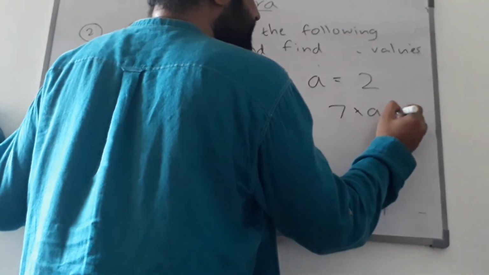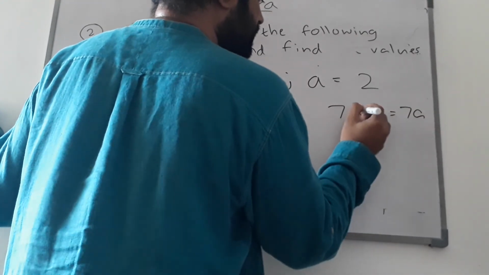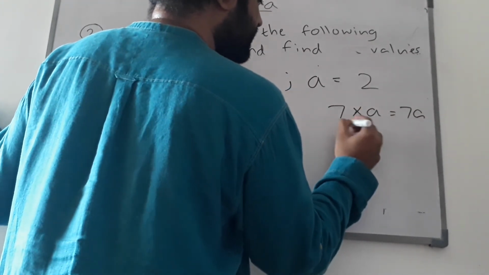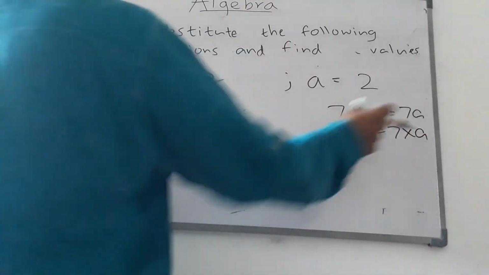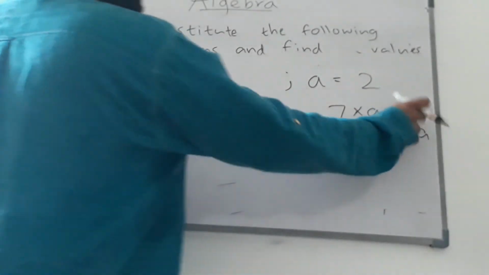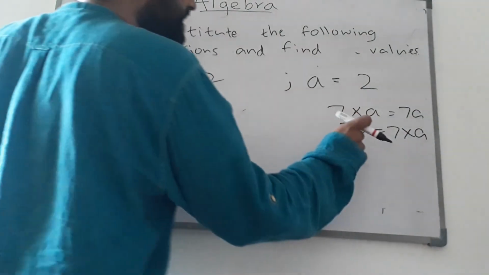Okay. 7 times a is 7a. So likewise 7a is equal to 7 times a. We can expand 7a as 7 times a. And also 7 times a means 7a. Likewise when we expand 3a it is 3 times a.